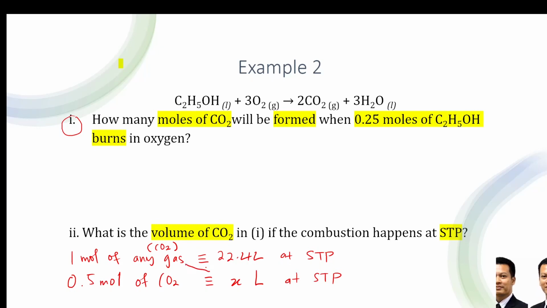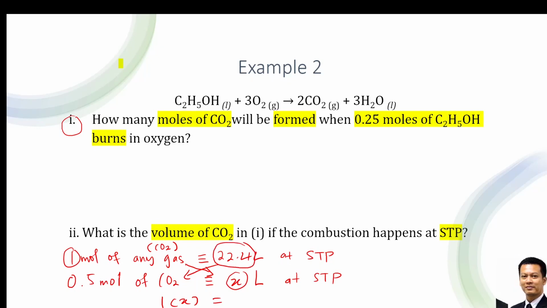So cross product again. 1 times X. It doesn't matter whether you want to put it on the right or on the left. 22.4 times 0.5. So X is actually 11.2 liter.